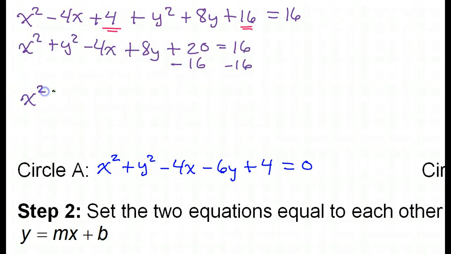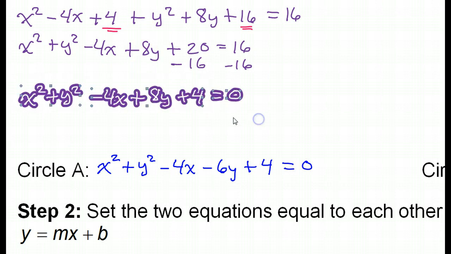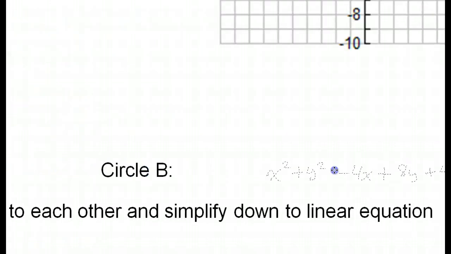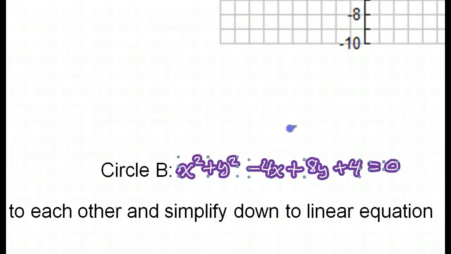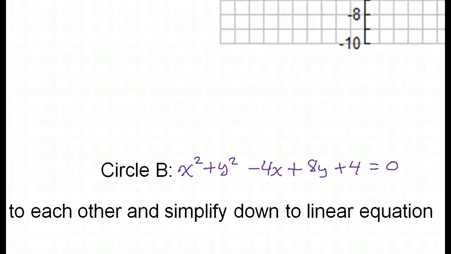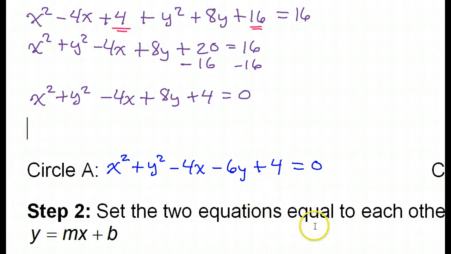So I'm going to wind up with x squared plus y squared minus 4x plus 8y plus 4 equals 0. Now we've got both equations written in general form, and step 1 is complete.